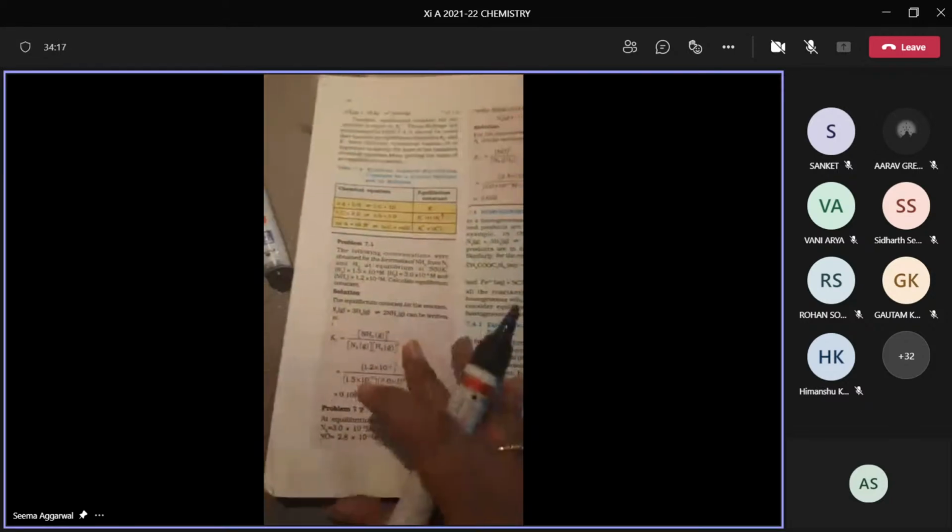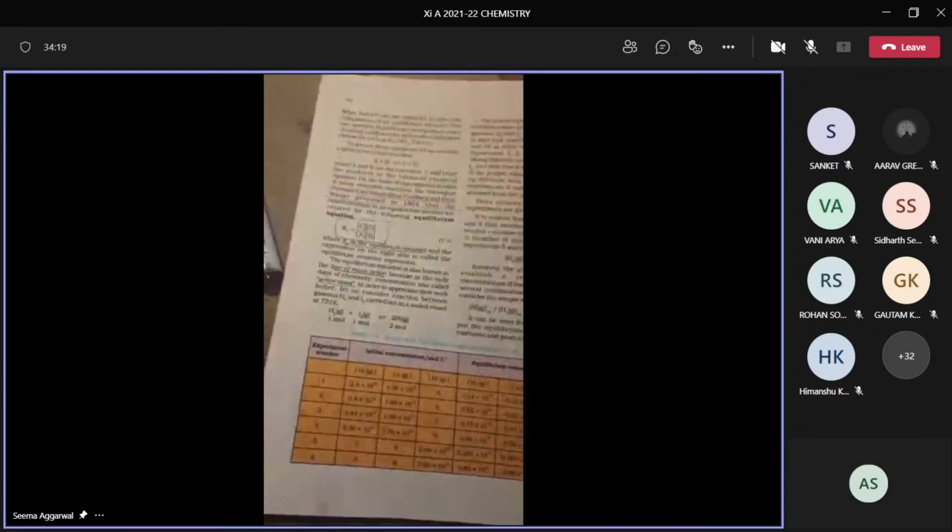There is no need to solve it on the blackboard. You can open your NCERTs. The following concentrations were obtained for the formation of ammonia. The page number may be varied in different books. This is the end of topic number 7.3.